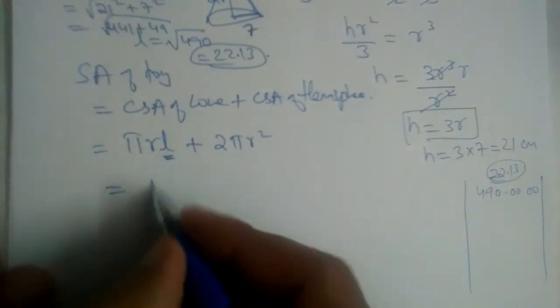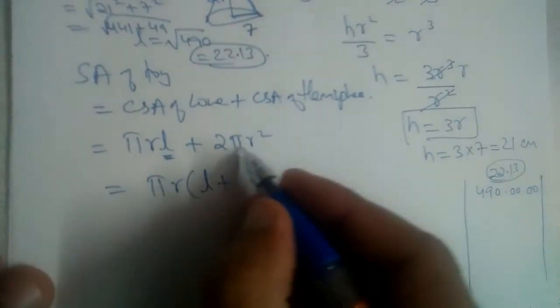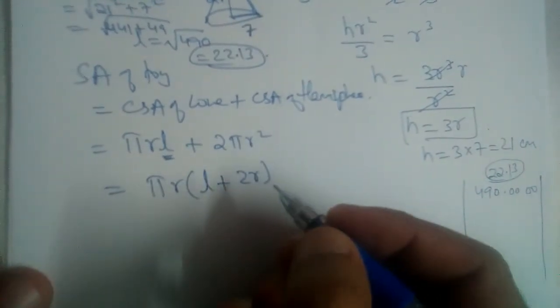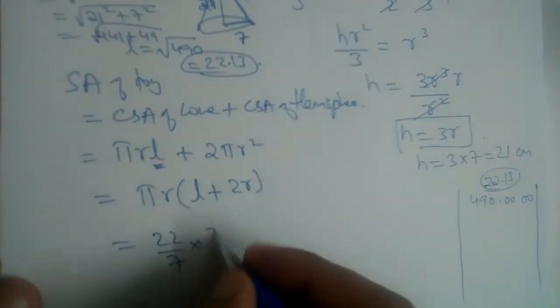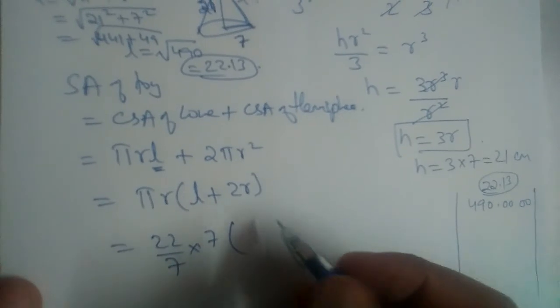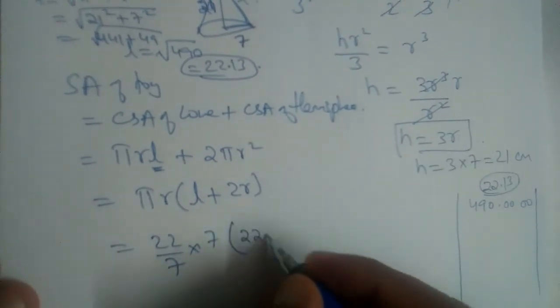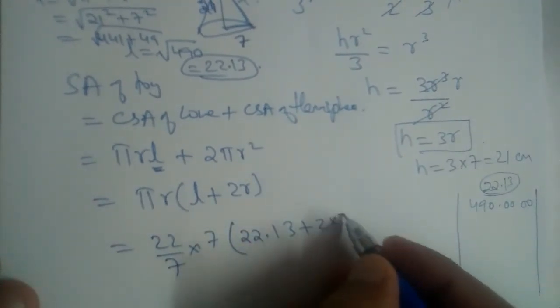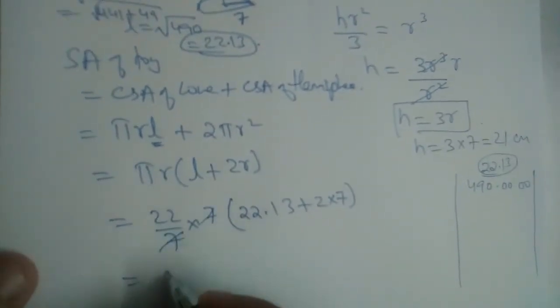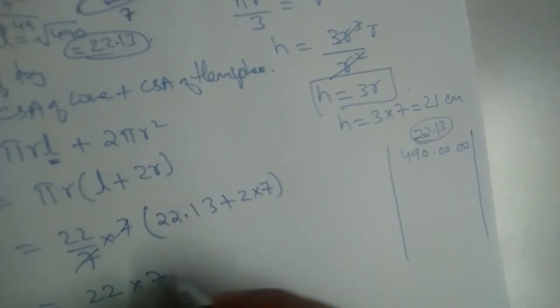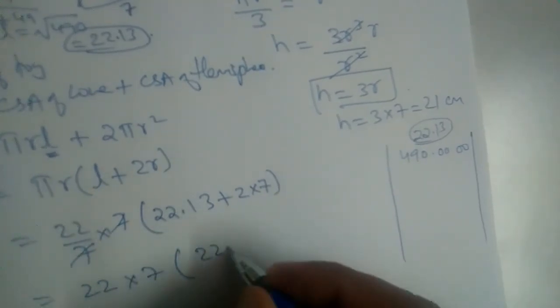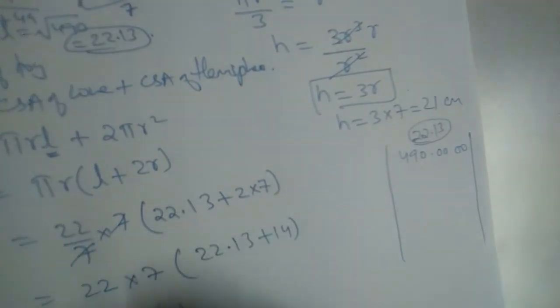So let us take pi r common from here. So L plus, if you take pi r common, 2r will be left here. Okay, so pi is 22 by 7, r is equal to 7, and L is equal to 22.13 plus 2 into r is 7. So 7 will get cancelled here. We have 22 into 22.13 plus 14.